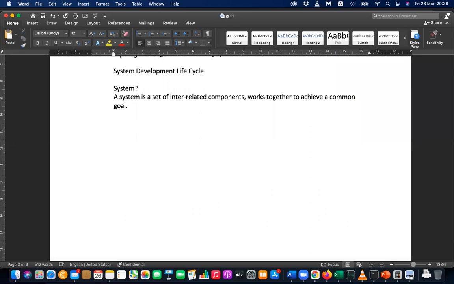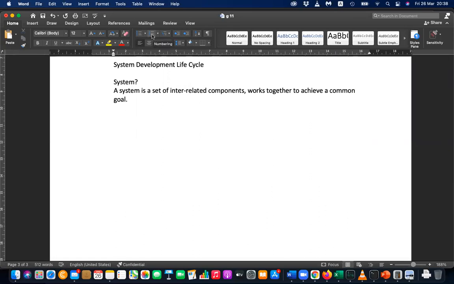Okay, please write down over there. System development life cycle is the heading, and under that, what is a system? You can write down, as an example, respiratory system. In the respiratory system, what are the set of components? We have the nose, the throat, and the lungs.